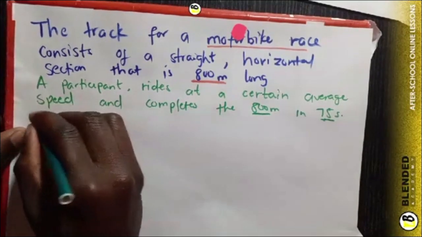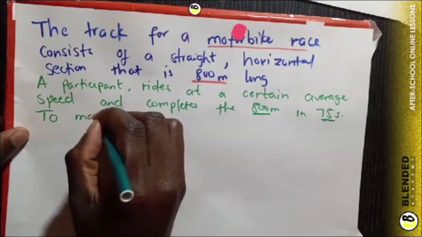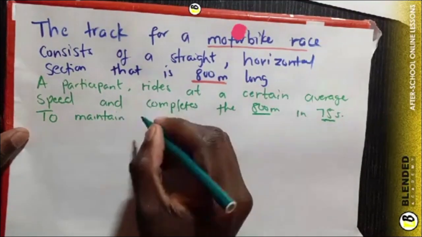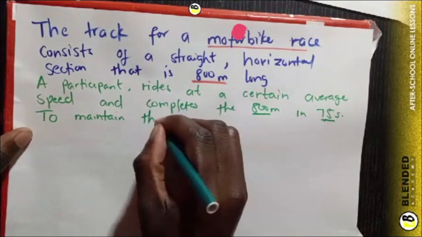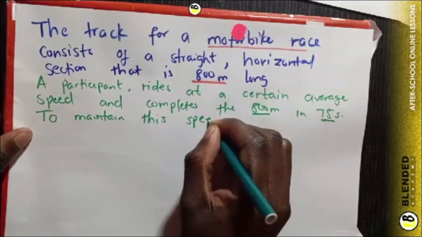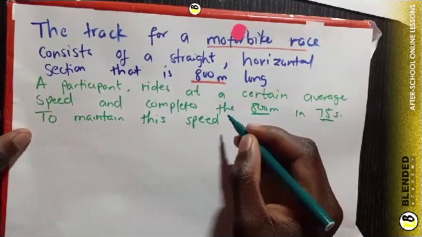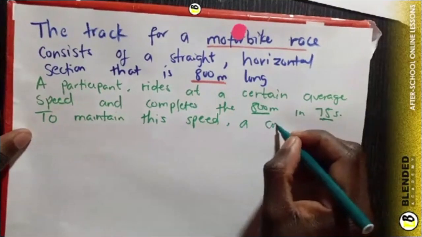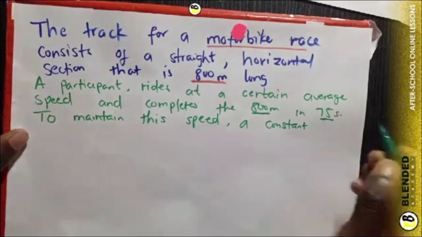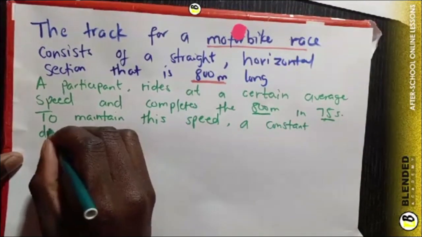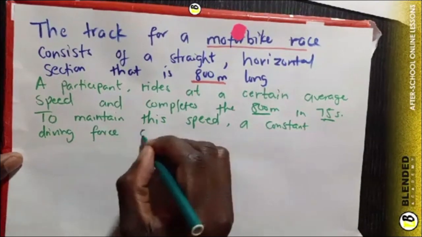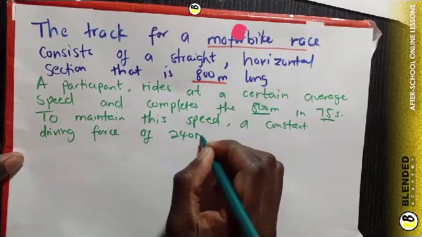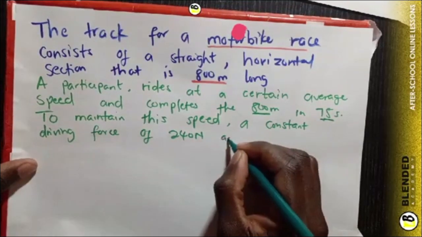And let's say to maintain this speed, a constant driving force of 240 newtons acts on the motorbike.